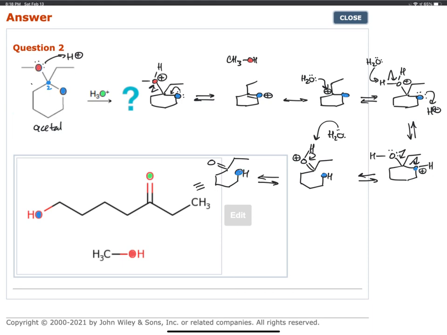And then the green oxygen, which comes from the water, the hydronium, is the one that ends up as the ketone carbonyl oxygen. So really in this mechanism of acetal to ketone, everything's in equilibrium, so you can go forward or backwards throughout. So the big thing is to understand these proton transfer reactions.